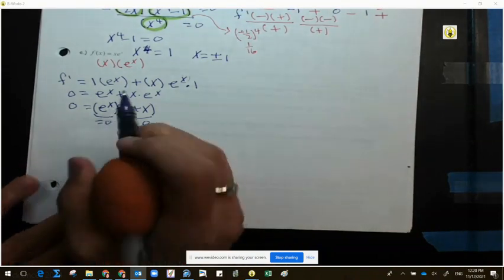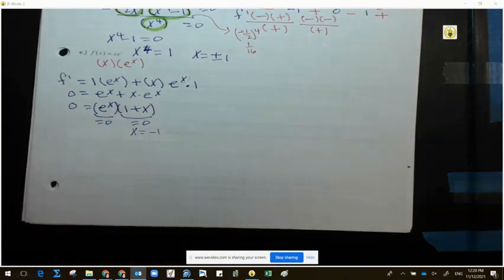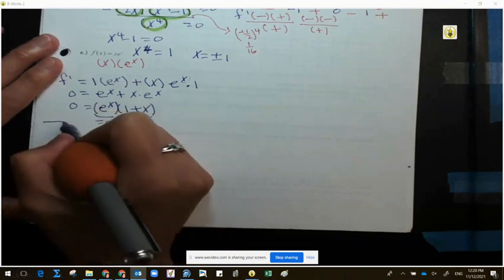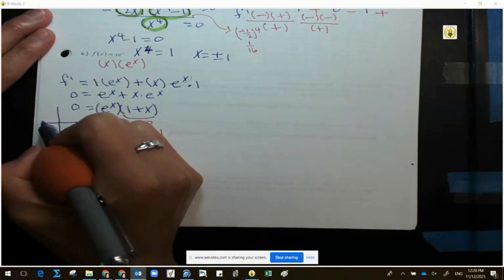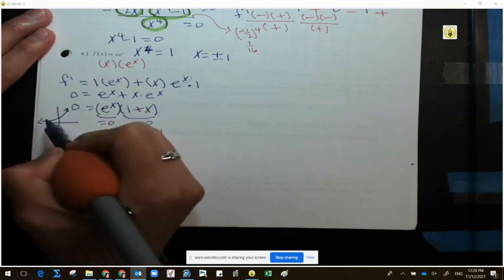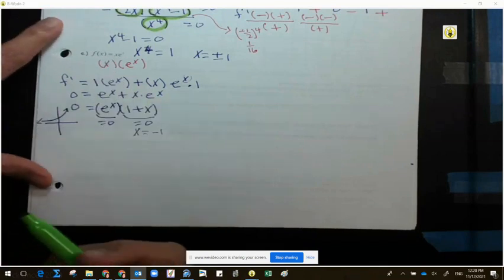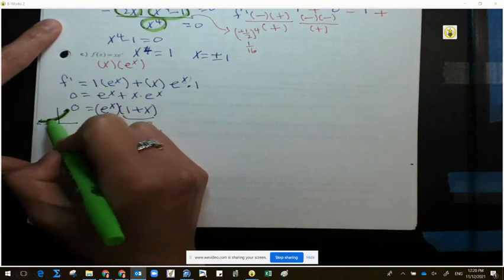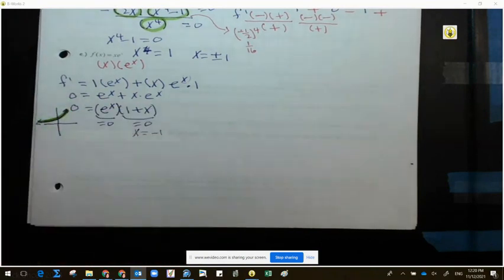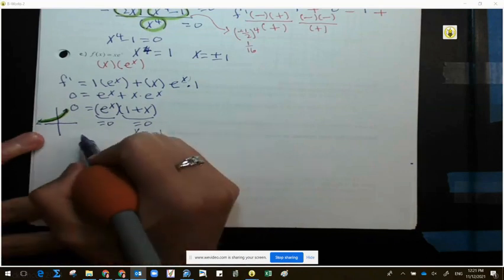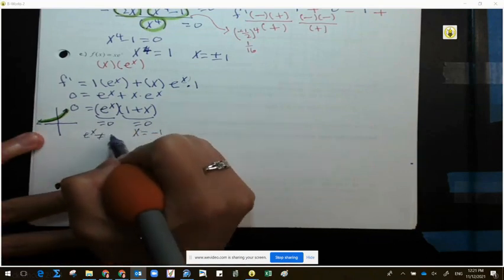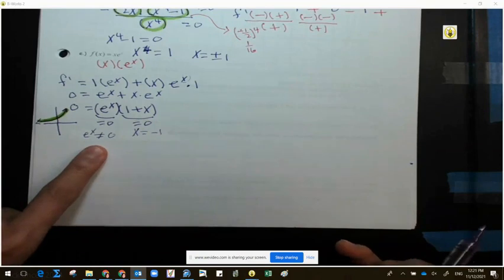Now, when I set e to the x equal to 0, here is a reminder, and this is even going back to Algebra 2. e to the x is an exponential function that looks like this. And when I highlight this function right here, does it ever go past 0? Does it ever go to a negative number? Can it ever equal 0? So we know e to the x can never equal 0.